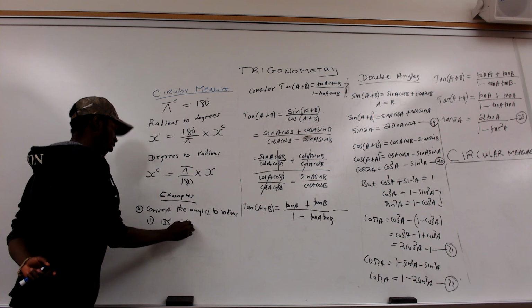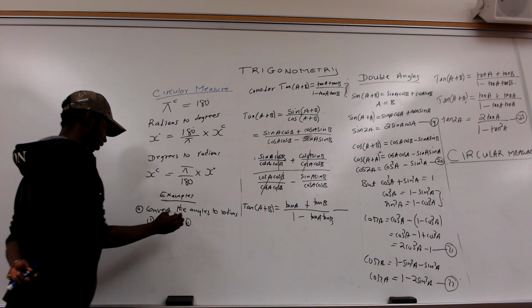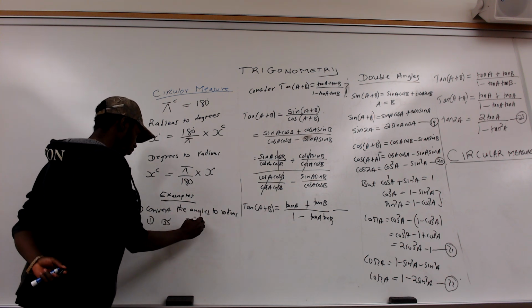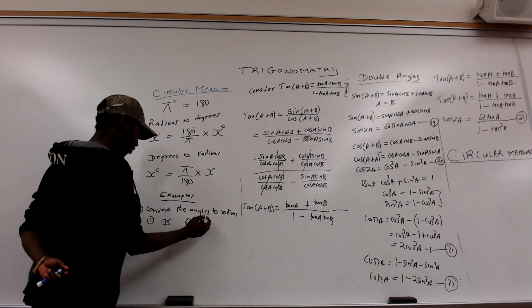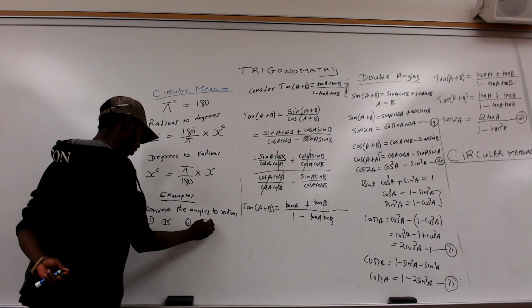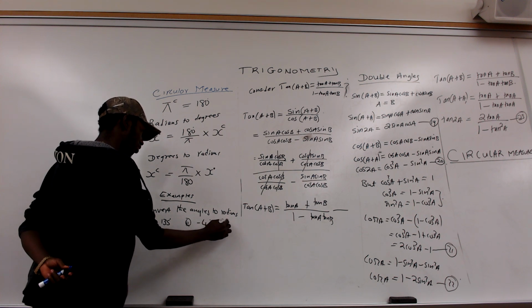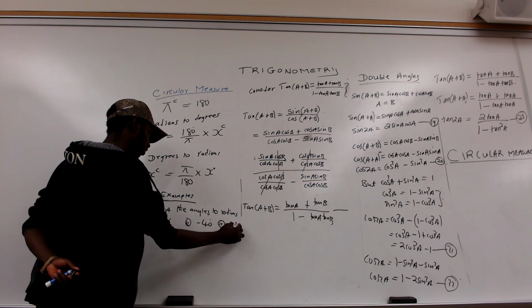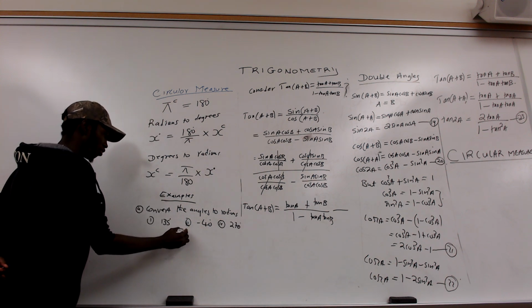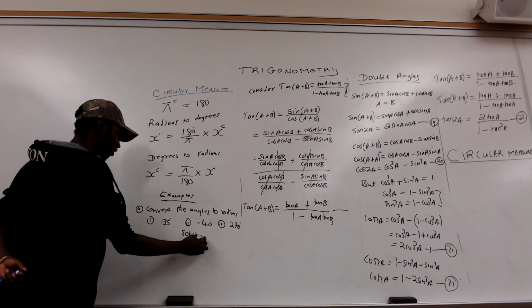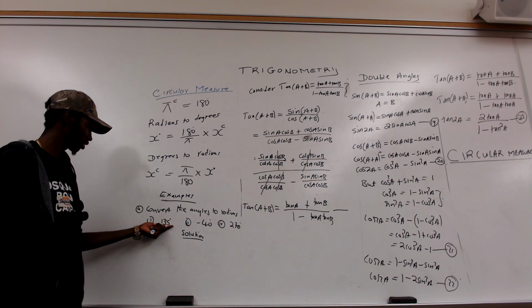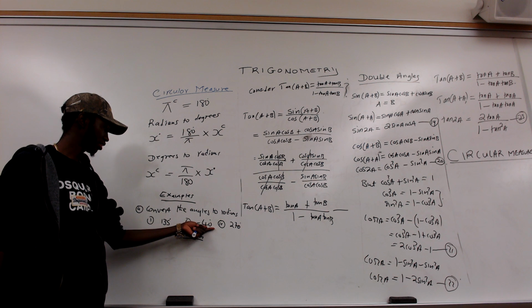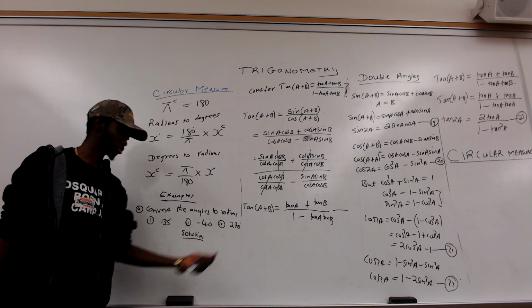The second angle is given as negative 40 degrees. And the third angle is given as 270 degrees. How can we convert these degrees to radians?